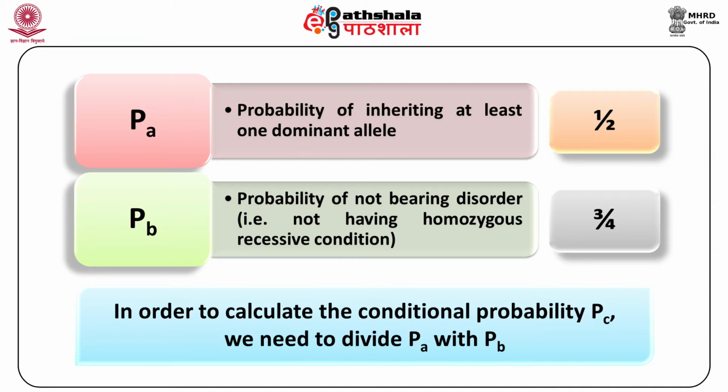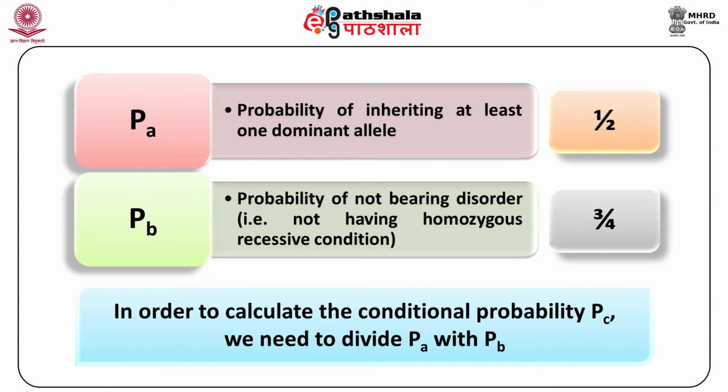So, again we have PA, which is equivalent to the probability of inheriting at least one dominant allele, and the probability will be 1/2. PB, the probability of not bearing the disorder, that is not having the homozygous recessive condition, will be 3/4.